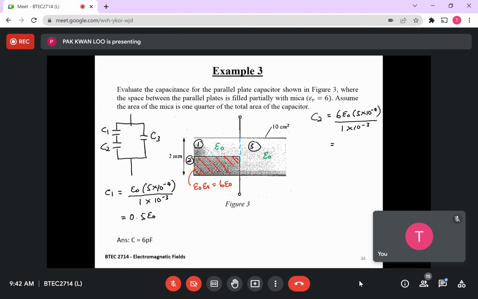So this is 0.5 times 6, which is 3 epsilon naught.